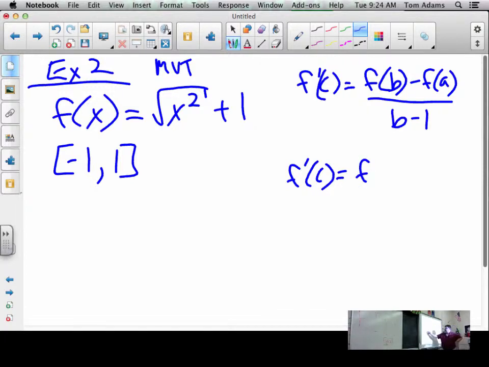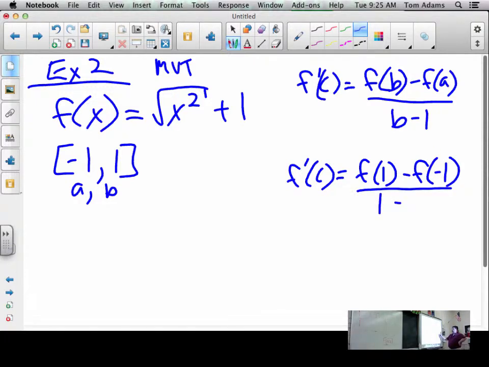So remember, this is a comma b. I'm going to write it down a little different on this example. f of 1 minus f of -1 all over 1 minus minus 1. Does that make sense? Oh, I got ahead of myself. This should be a. Okay? I'll put that in parentheses so it doesn't confuse you guys.